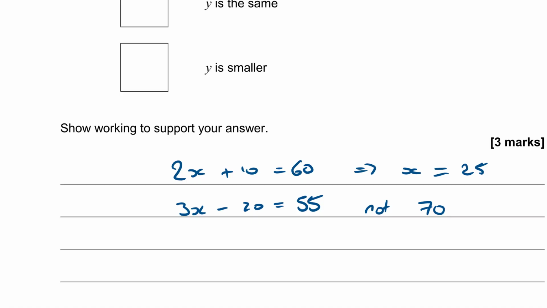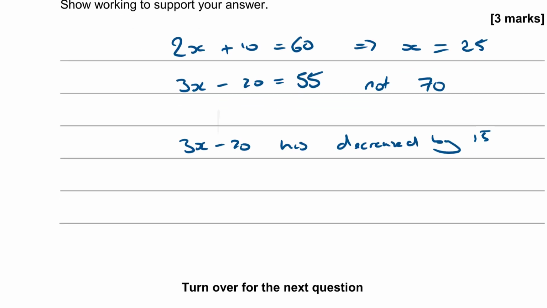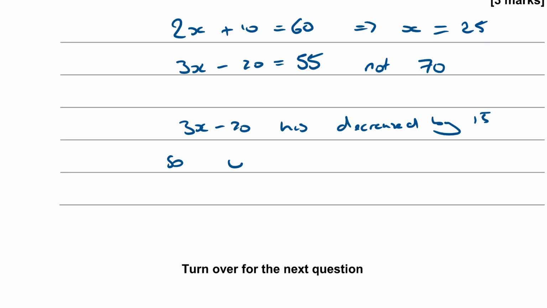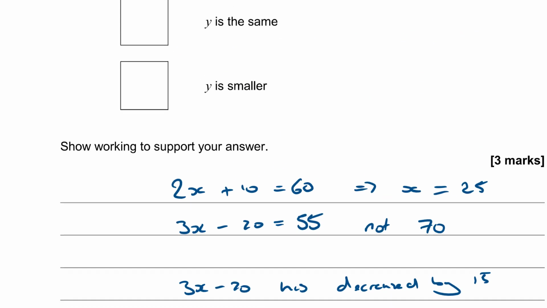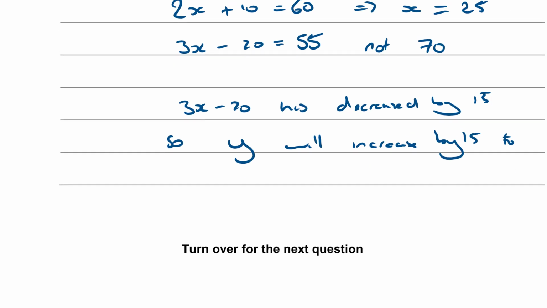So 3x minus 20 has decreased by 15. So y will increase by 15 to 125.